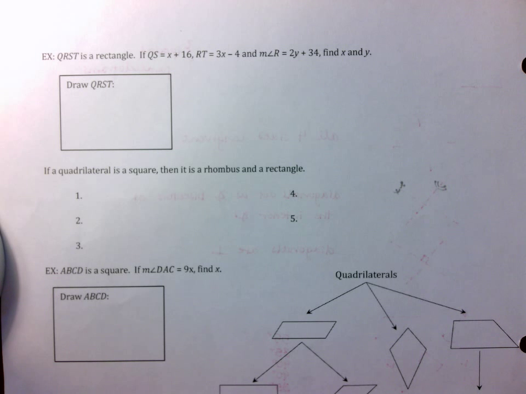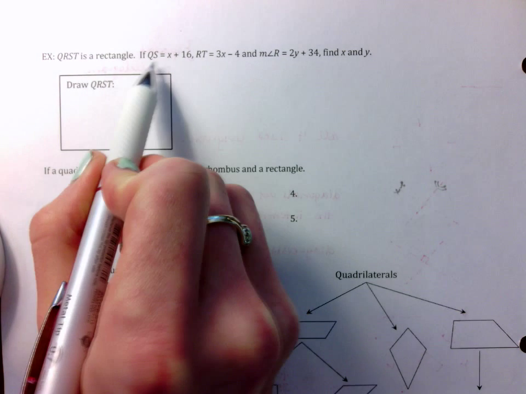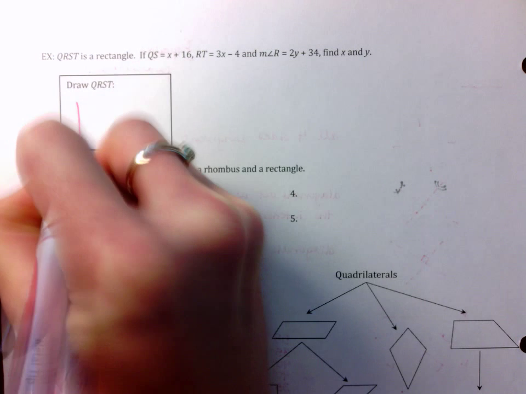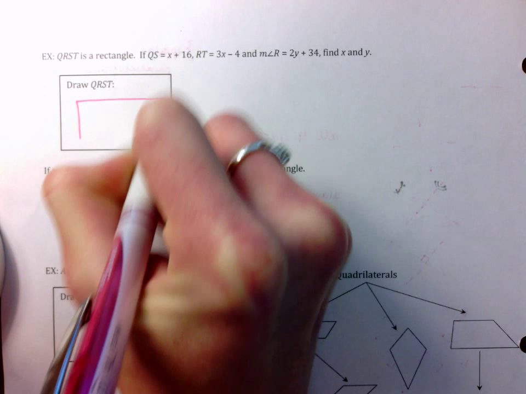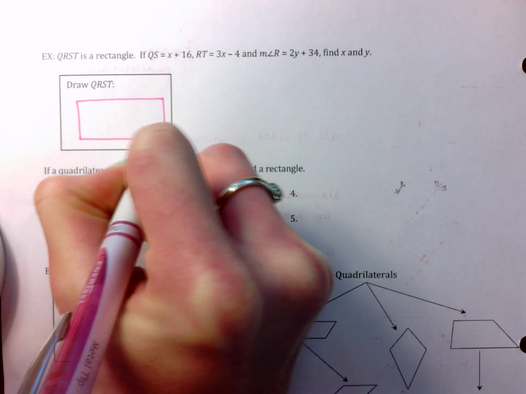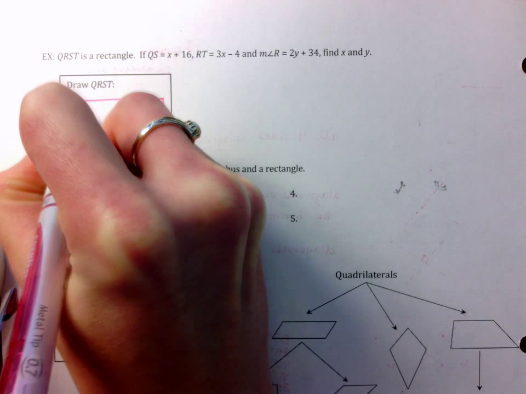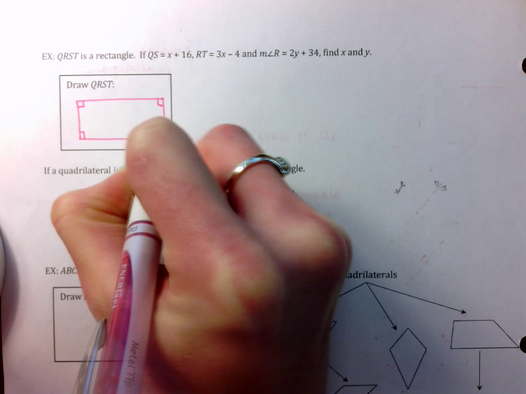Okay, so we have QRST as a rectangle, so I'm going to draw that, and then to help myself, I'm going to put in some of the properties of my rectangle. So I'm going to make sure I draw my 90-degree angles.